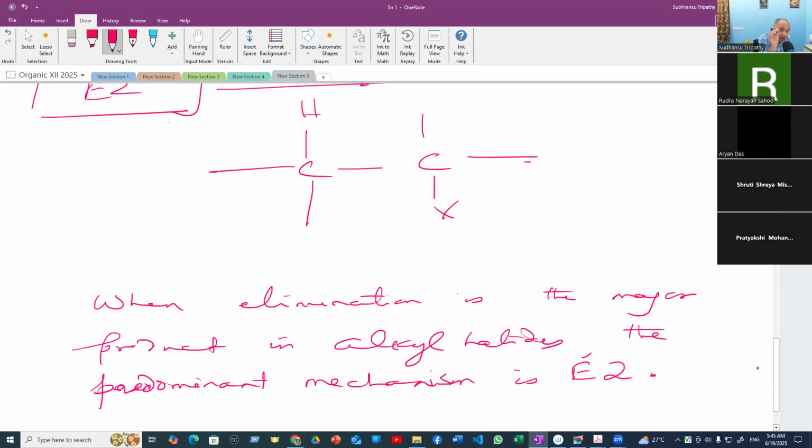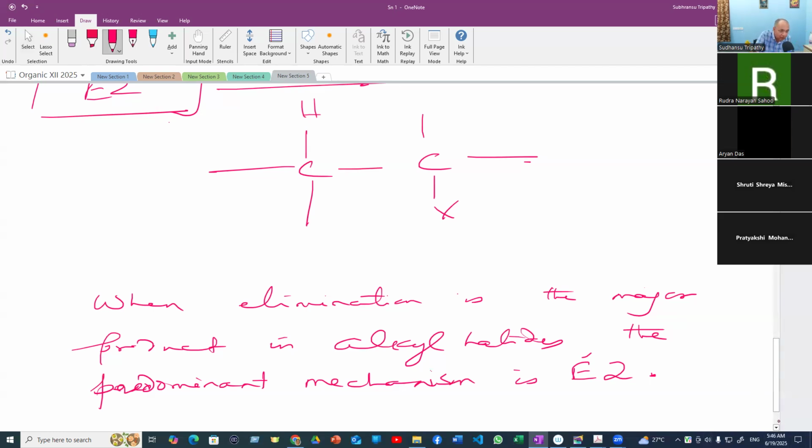So we already learned that in 3 degree halides with strong base, the major product is elimination. And sometimes it is 100%. With the 3 degree halides with alcoholic solution of a strong base, OH minus, CN minus, OR minus, alkanide ion, amide ion, Grignard reagent R minus, the absolutely exclusive product will be 100% elimination, and that too E2.